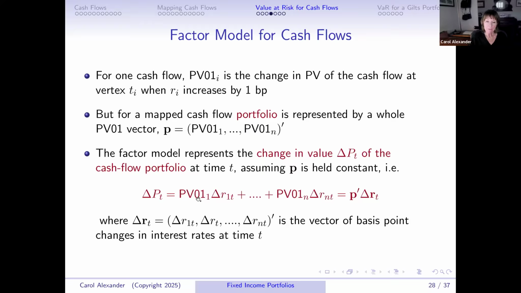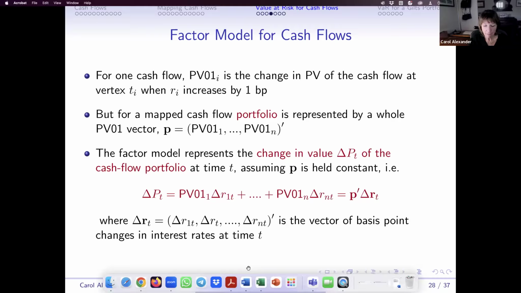Now the PV01 is per 1 basis point increase, but we multiply it by whatever the changes in interest rates were on that day. So we multiply it by delta R_1t up to delta R_nt, and we can express that in matrix form here, where these change day by day. These are the vector of basis point changes in interest rates at time t. So let's have a look at our Excel spreadsheet now.